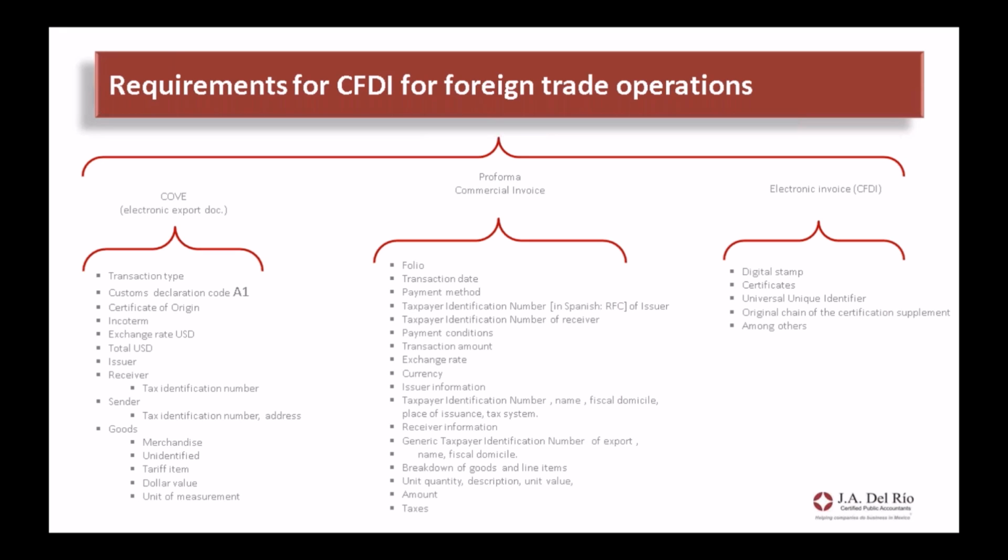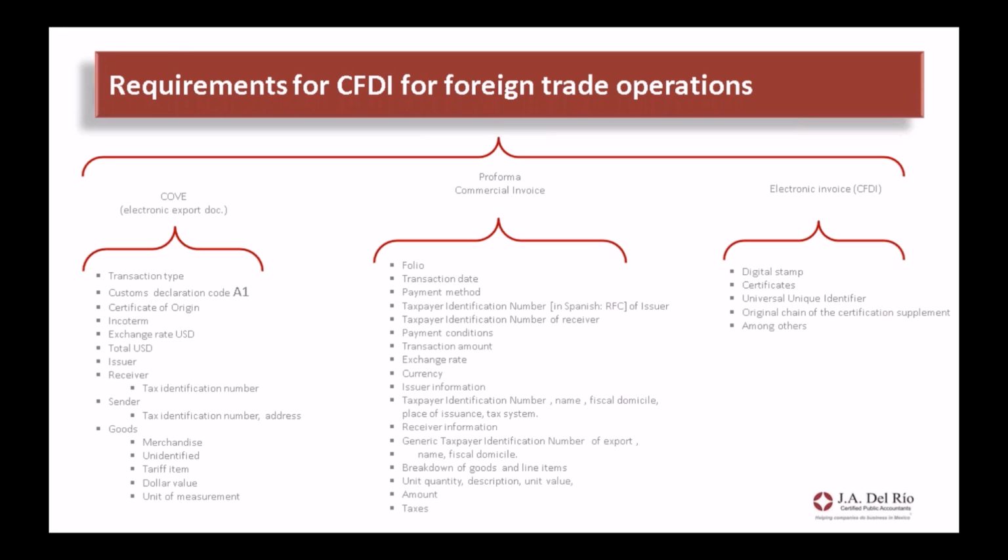So what the government wants to do is to gather all that information, or most of the information used for those 3 documents, and include it in one single new document, which is the new CFDI for foreign trade operation. The slide that you are watching right now shows the information that the COVE requests, for example, the transaction type, the customs declaration code, the Incoterm, the total amount in USD, as well as the information that the pro forma or the commercial invoice requests.